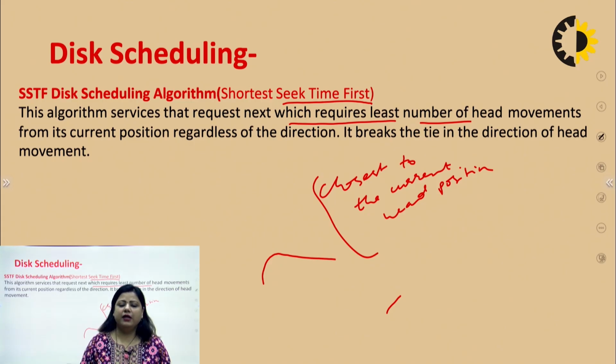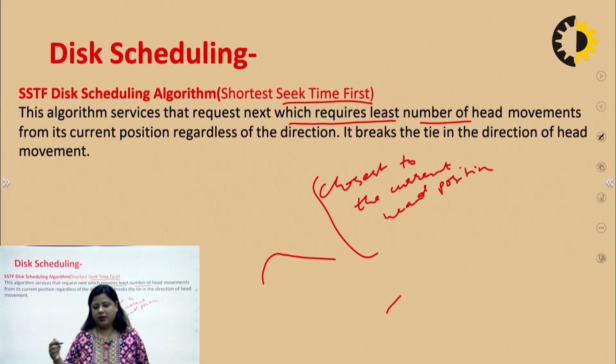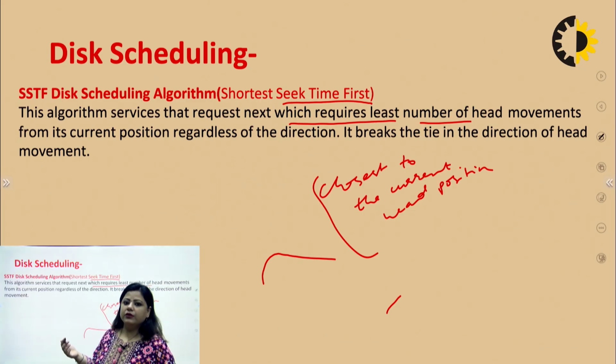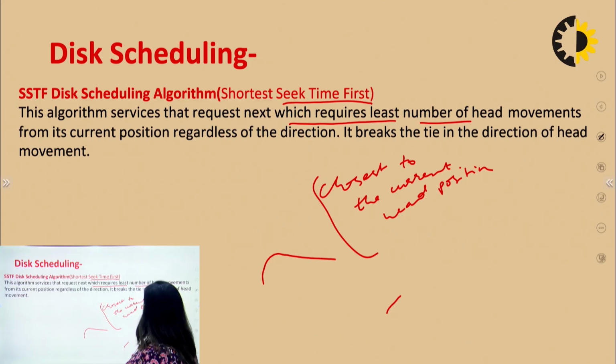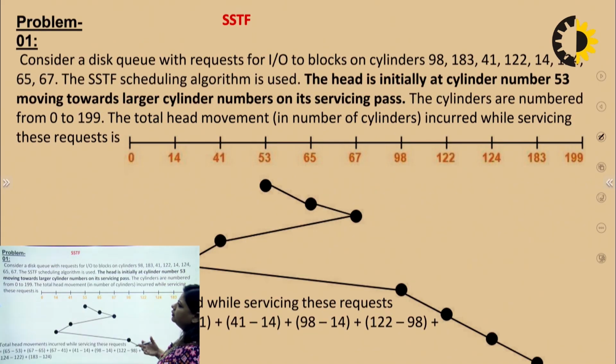So if any of the processes is not in execution, or goes into the waiting state, then seek time also increases, and we can't reduce seek time, which is one of the important motives of disk scheduling.